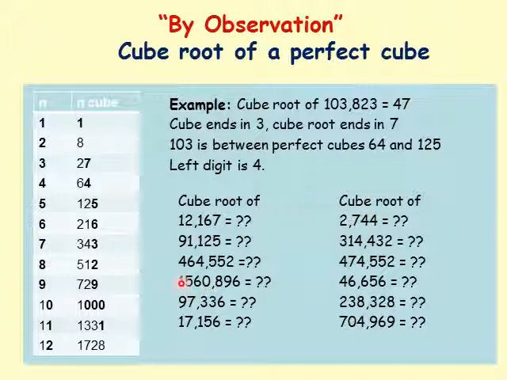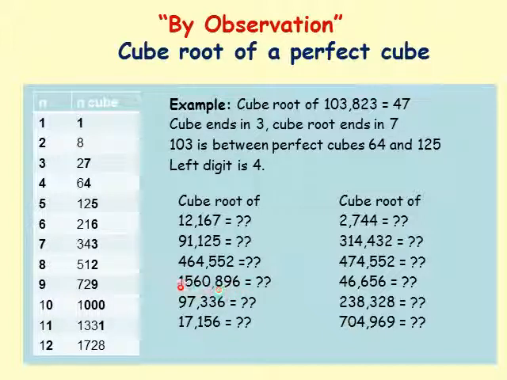Let's try another example here. 1560896. Split in 2. The right group has 3 digits and the rest of them on the left. So the rightmost is 6. Come back to the table. Cube of 6 has a 6 as the rightmost digit. That gives me that 6 is the rightmost digit of the cube root of 1560896.